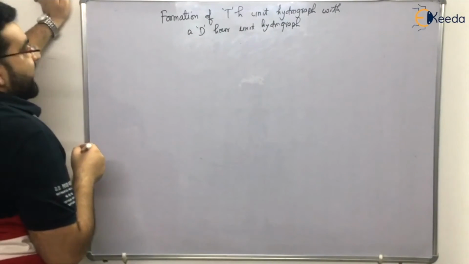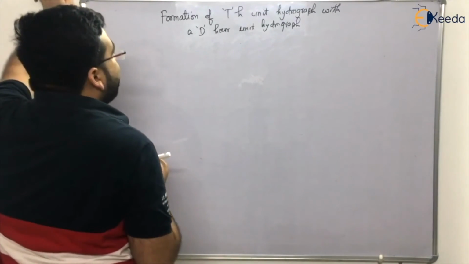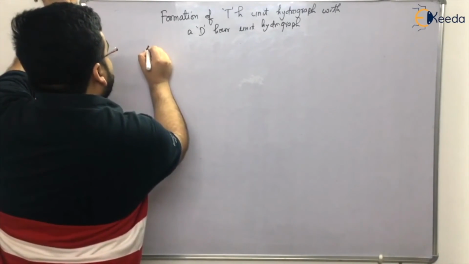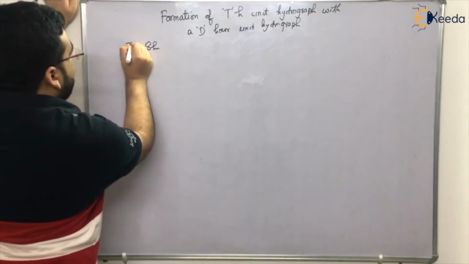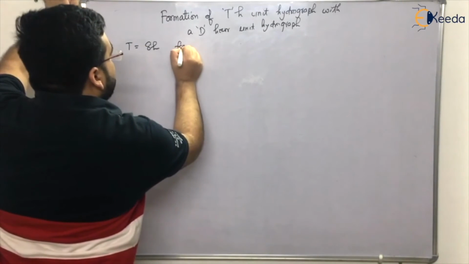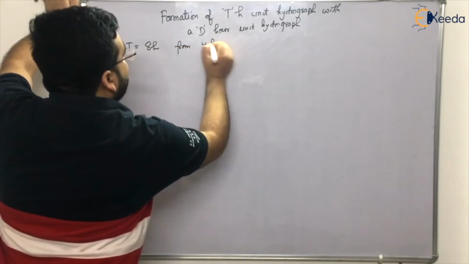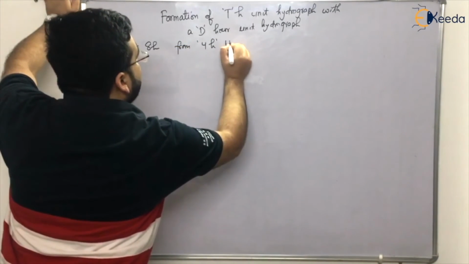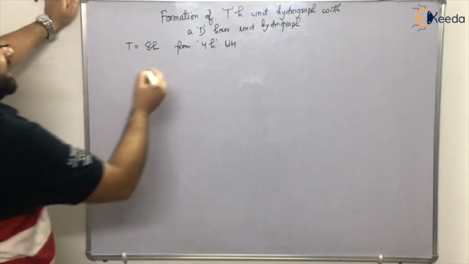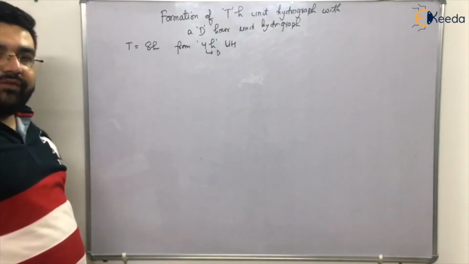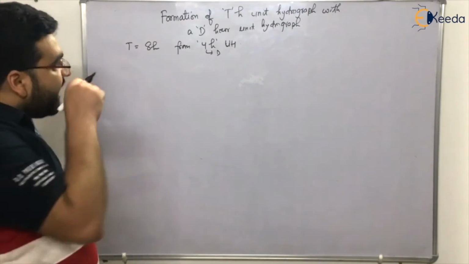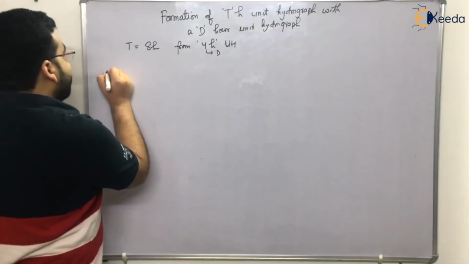Let us say that, for example, you have to determine an 8-hour unit hydrograph. You have to determine an 8-hour unit hydrograph. That is your T, from a 4-hour unit hydrograph. Then this is your D. This is what you have.